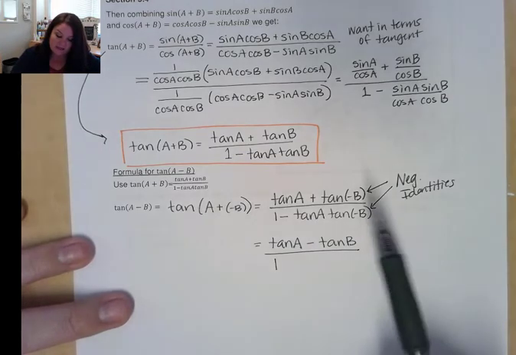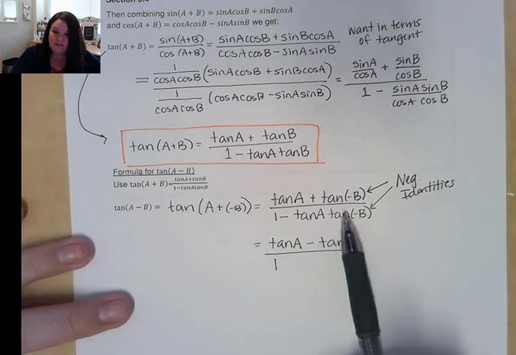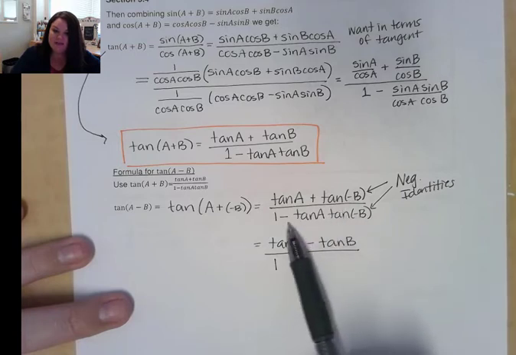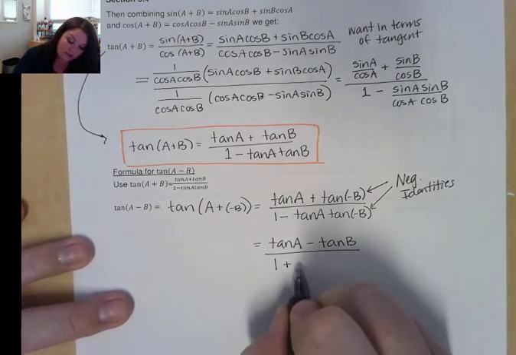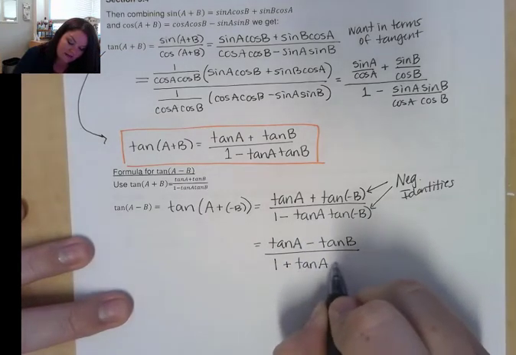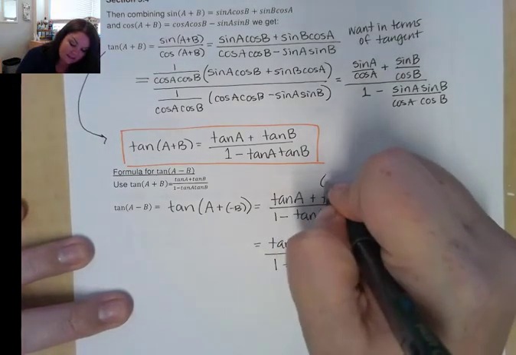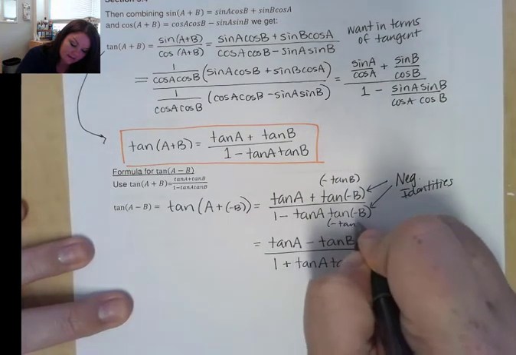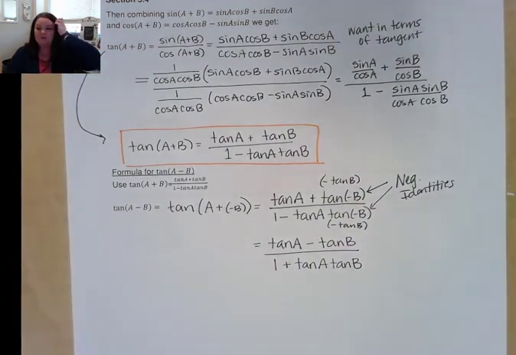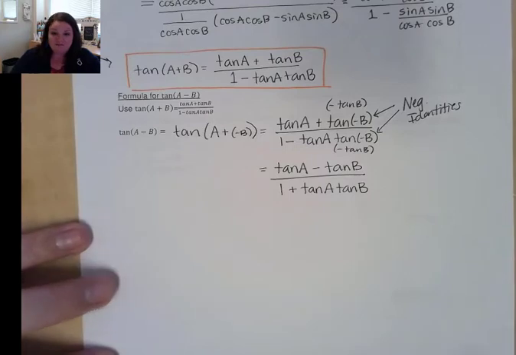But if this becomes a negative factor, then this negative times this negative that's already here is going to change this into a positive product of tangent A, tangent B. It's like I'm just substituting those in and changing the signs accordingly, which gives me my tangent formula.